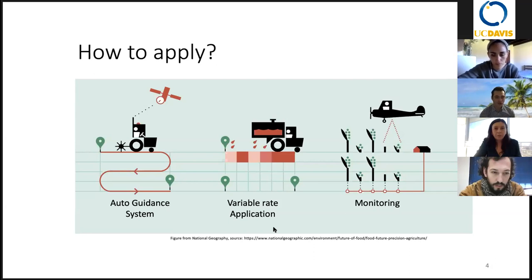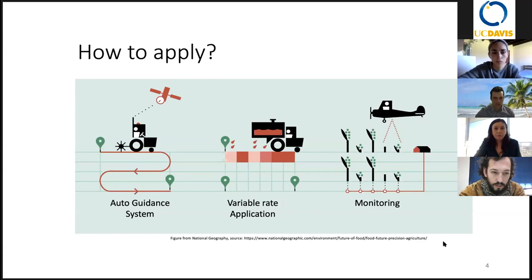So if we know that a portion of our field doesn't need nitrogen, or a portion is severely stressed by nitrogen deficiency and needs a lot of nitrogen, we can employ a variable rate applicator that reads the prescription map and finds its location in the field, and it knows exactly how much input should be applied to each zone or each parcel, depending on how you divide your field.